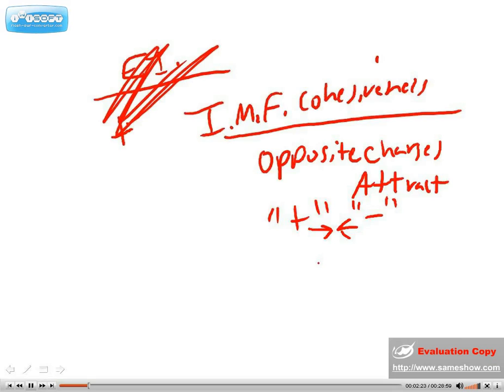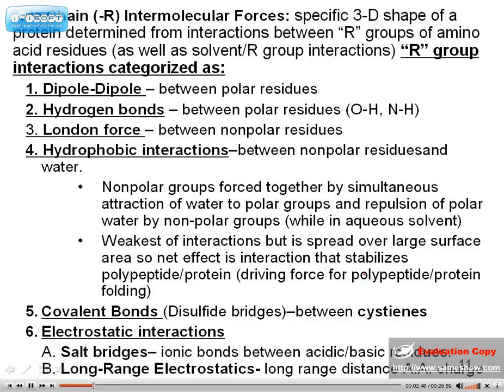Now, we have different levels of opposite charge attraction. When we get really small, we have partial positive and partial negative, like we see in dipole-dipole and hydrogen bonding. But again, still opposite charge is attracting. So that makes up most of the intermolecular forces. Starting with electrostatic interactions, those are the most powerful opposite charges attraction.